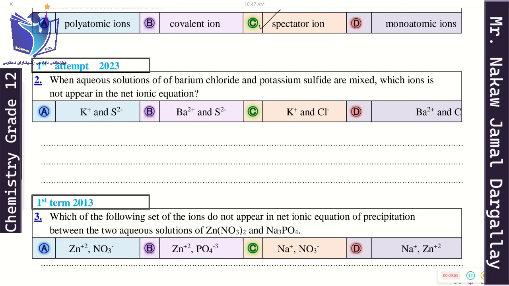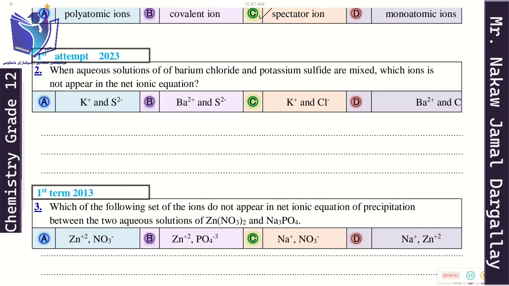Question number 2. When aqueous solution of barium chloride, barium is Ba positive two, chloride Cl negative, so the formula of barium chloride is BaCl2, plus potassium sulfide, potassium K positive one, sulfide S negative two, so the formula of the salt is K2S.